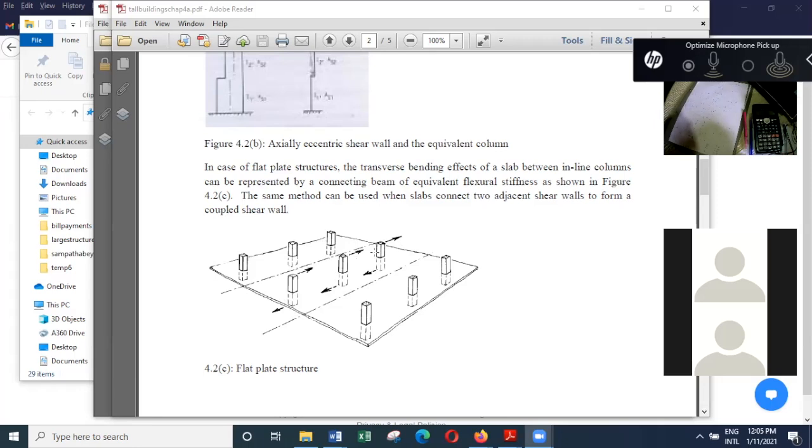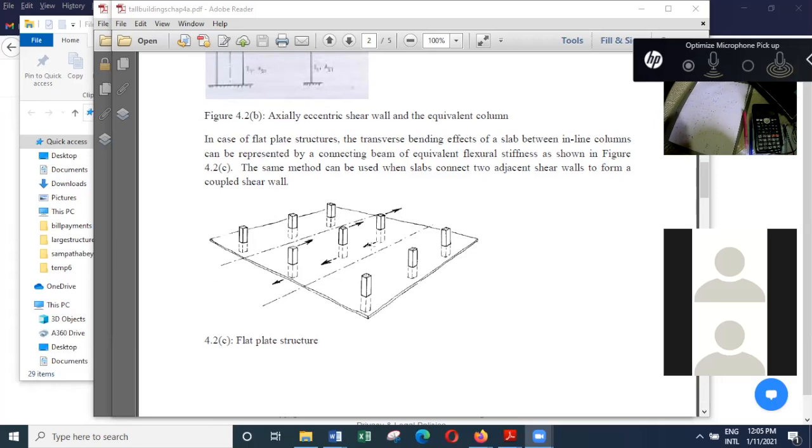So that's how we generally consider. But when it comes to lateral load analysis, sometimes it's not good to consider the full width of the panel as effective. So we have to find the width that would be effective in resisting the lateral loads.